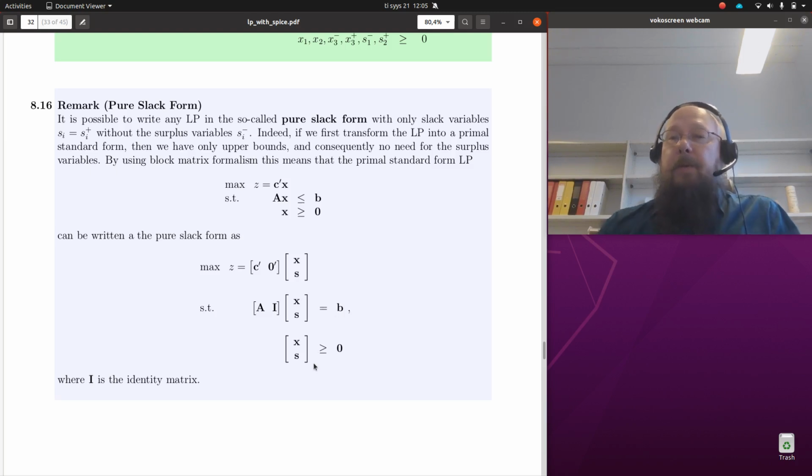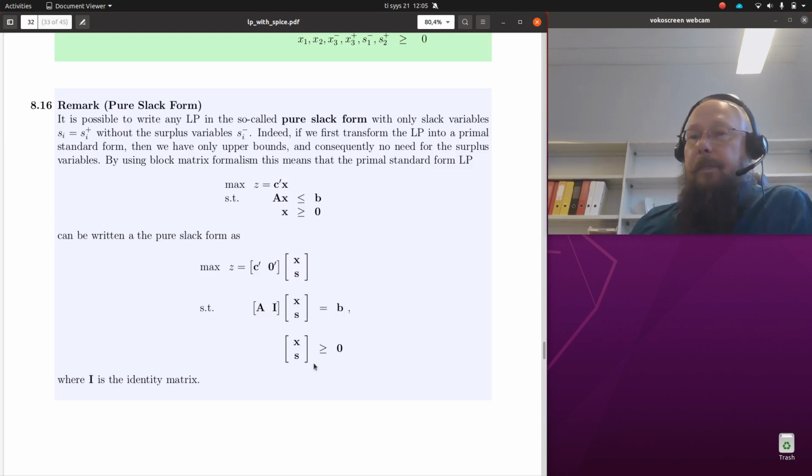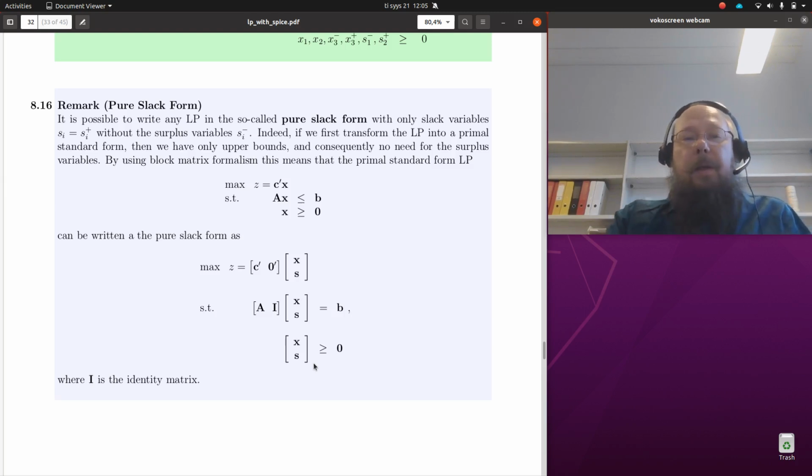And finally, of course, we have the sign constraints. If you are comfortable with matrix notation, and you should get comfortable because you can do this very neatly and simply with Octave. If you have a standard form LP, then to make a slack form out of it is very simple. Just do it like this.